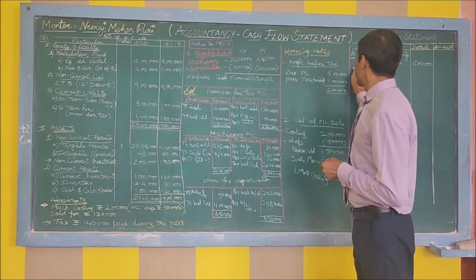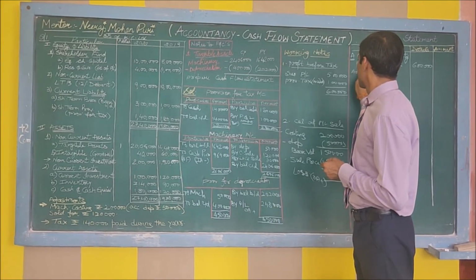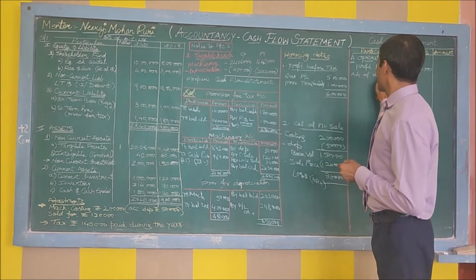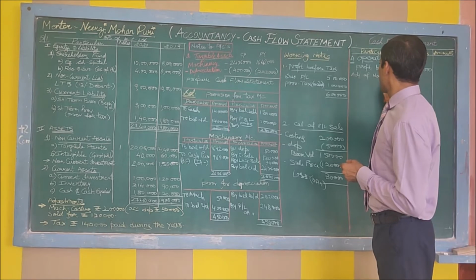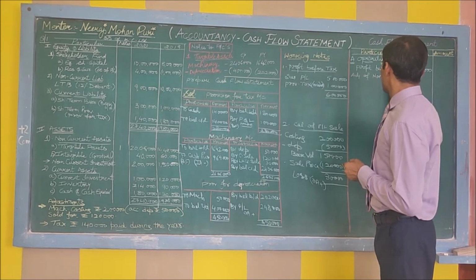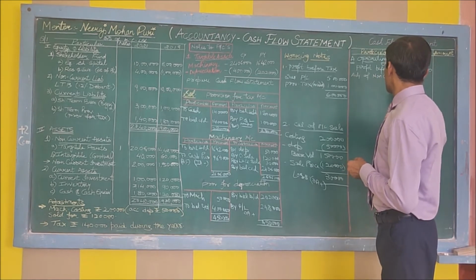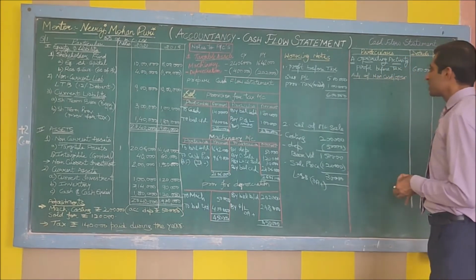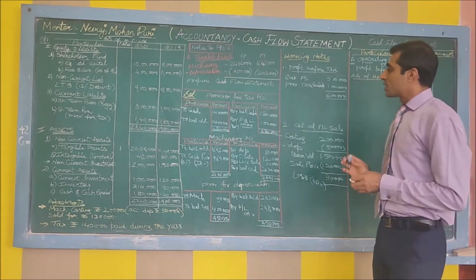After this, we have an adjustment of non-cash and non-operating items. This is our next title. Start searching the items.